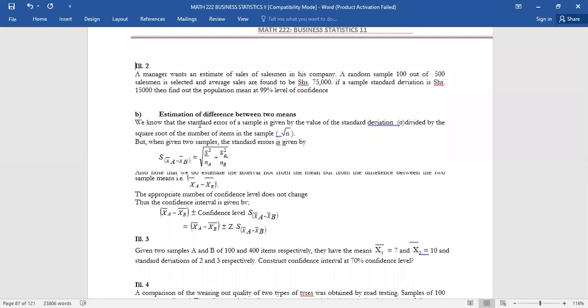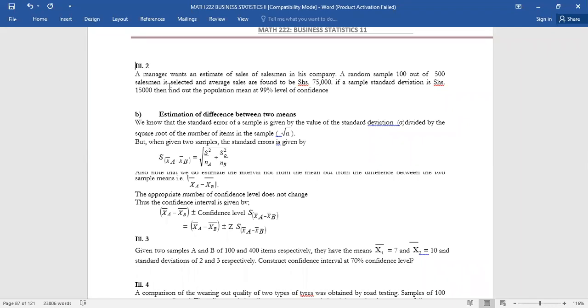So the sample mean is 75,000. What's our N? Capital N is 500, because it's the total number of the population. Then small n is the 100, which was chosen out of 500. Exactly, so we go on.